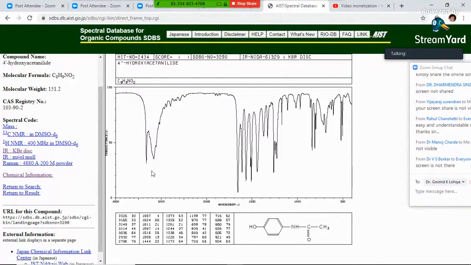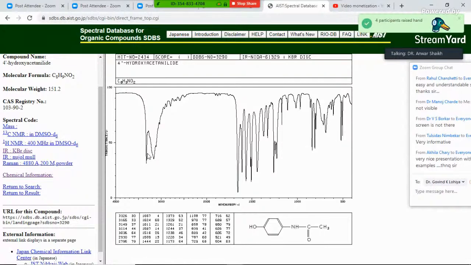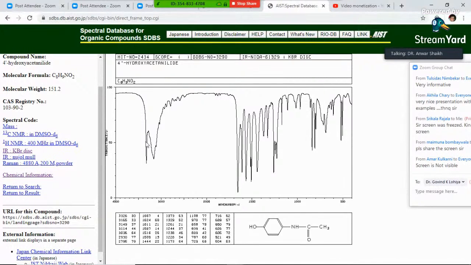So the broader peak of the OH is distributed into two. One is due to the OH, and the other, this sharp one, is due to the NH. And this NH is secondary, so it is not divided into two. This peak is due to the NH, and this broader peak is due to the OH.